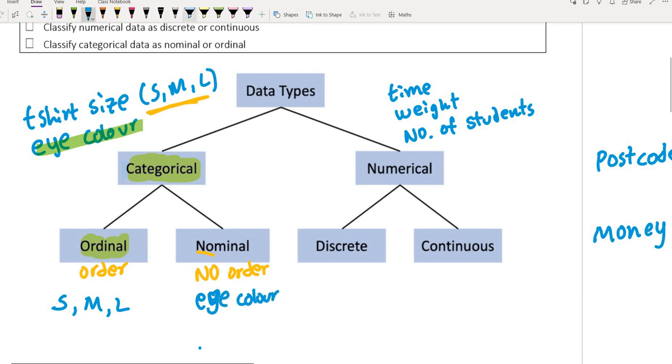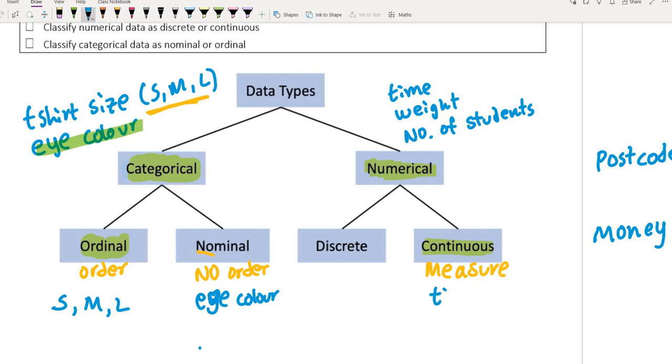And then on the other hand, we have numerical data, so data that we collect that are in numbers. So that could be time, that could be weight, that could be number of students in this classroom. Now, within numerical data, we have continuous and discrete. And continuous is the one where we generally measure. So we measure time, we measure weight.